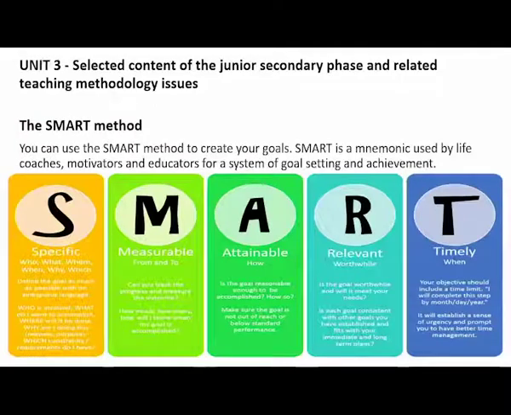And then the SMART goal setting. Selected content of the junior secondary phase and related teaching methodologies. You see this, then you should know that we are busy with goal setting. You need to make yourself nice notes on the SMART method.